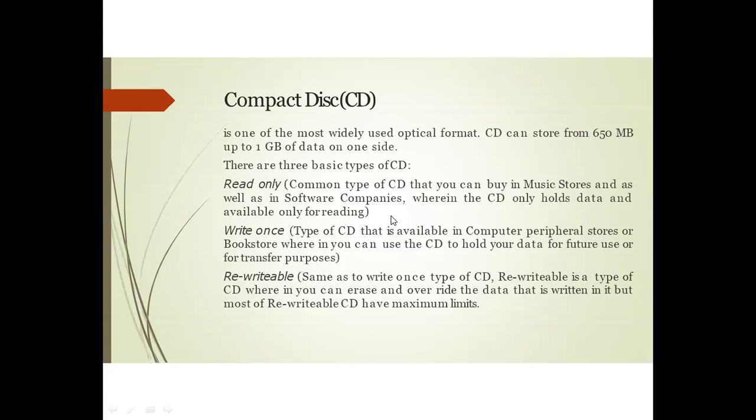Then we have the write-once type of CD that is available in computer peripheral stores or bookstores, wherein you can use the CD to hold your data for future use or for transfer purposes.